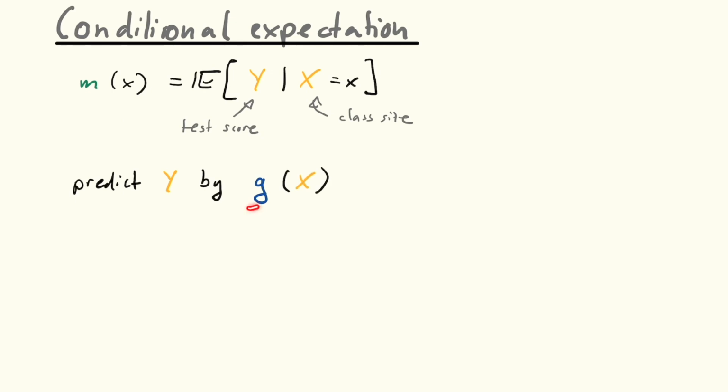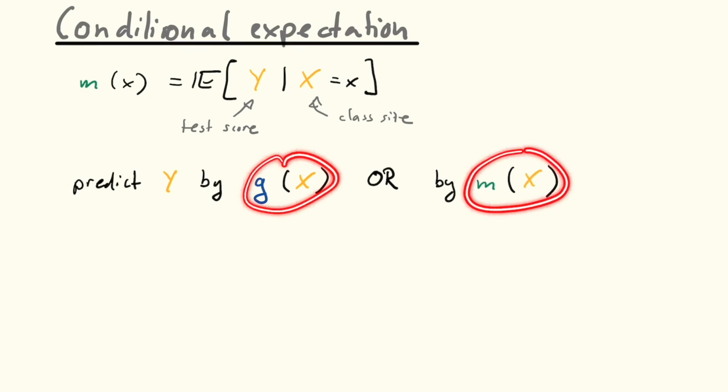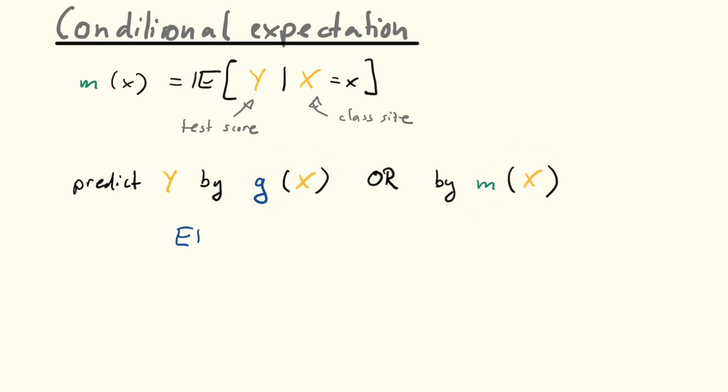I want you to think of g as a rule that translates any observed class size to a guess of y. We can compare the general g, which could be anything, to a concrete definition of such a rule, namely our m function. Again, we can compare these two prediction strategies by comparing the expected prediction errors.